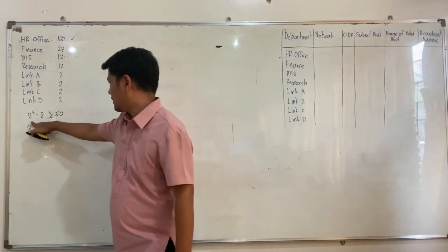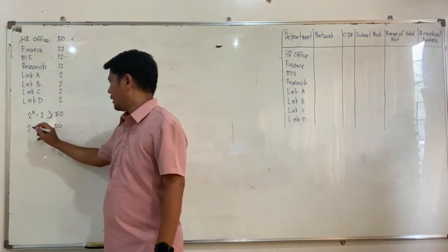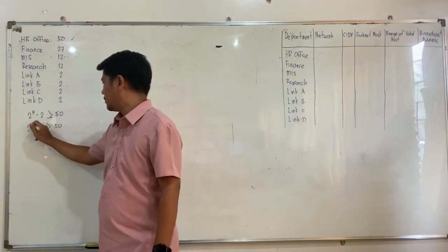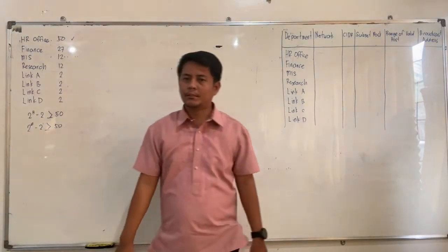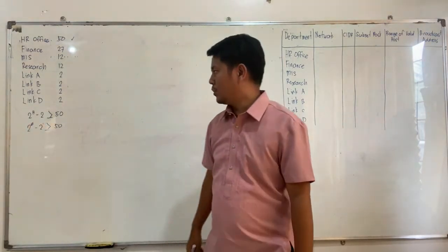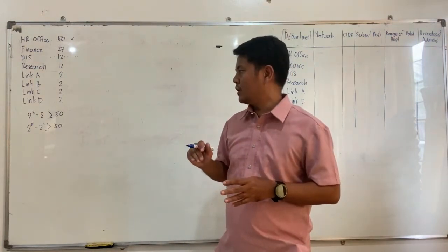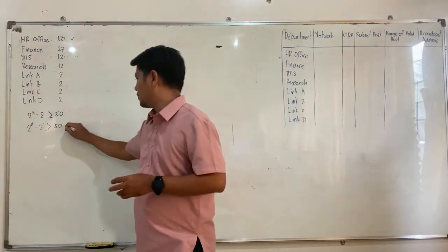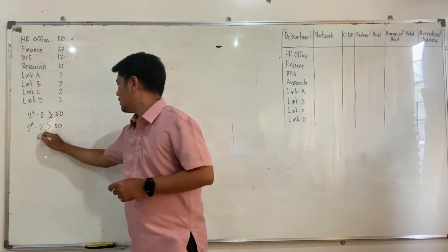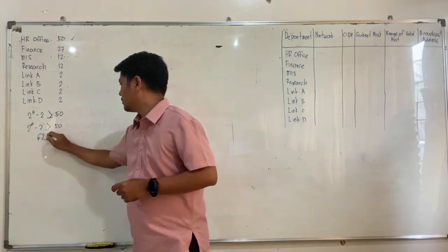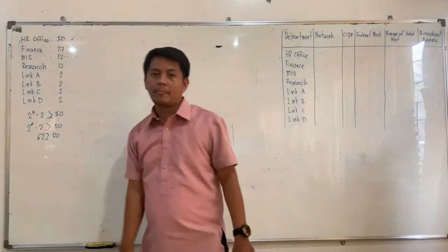What if h is equal to 6? 2 raised to 6 is 64, minus 2 is 62, and 62 is greater than or equal to 50.